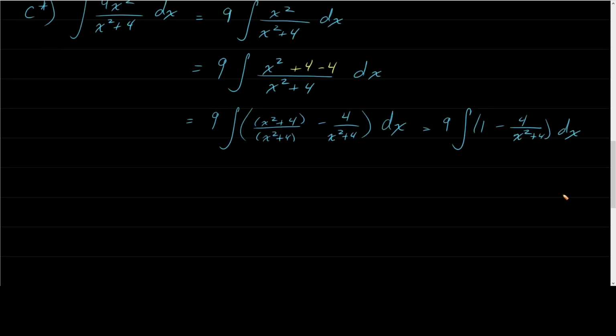If I throw the 9 back into the integral, what I really have is the integral of 9 minus 36 over x squared plus 4 dx.